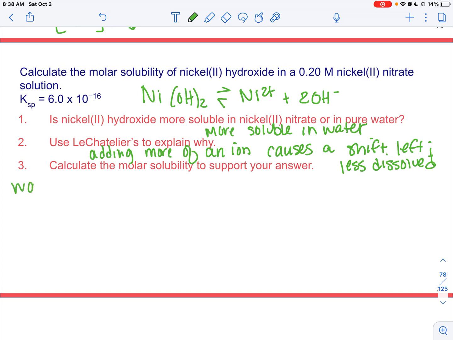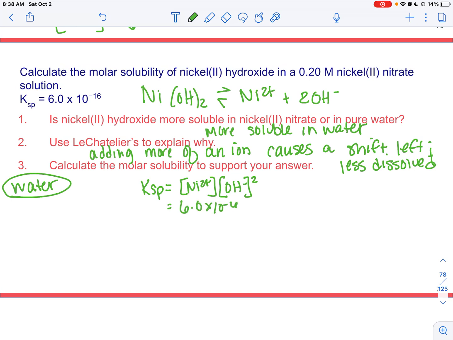So I'll do it for water over here. You know that the KSP for both of them is going to be Ni2 plus times OH minus squared. So then for water, if we do the RICE table out, which you are welcome to do to prove this to yourself, we're going to set our KSP to 4s cubed.